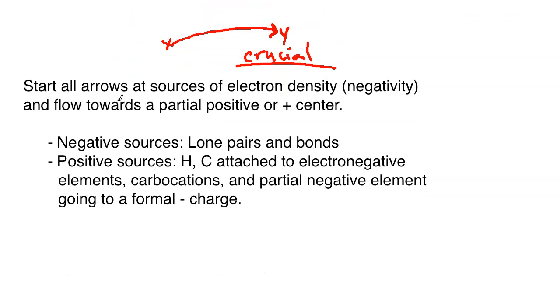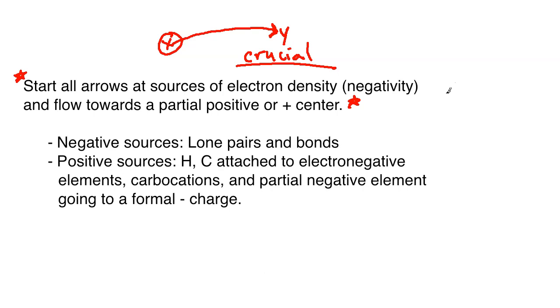This is probably one of the most important points, if not the most important point, of this lecture and understanding mechanisms. You must start all arrows, in this case, X, where they originate from, at sources of electron density, that is negativity, anything that has lots of electron activity.